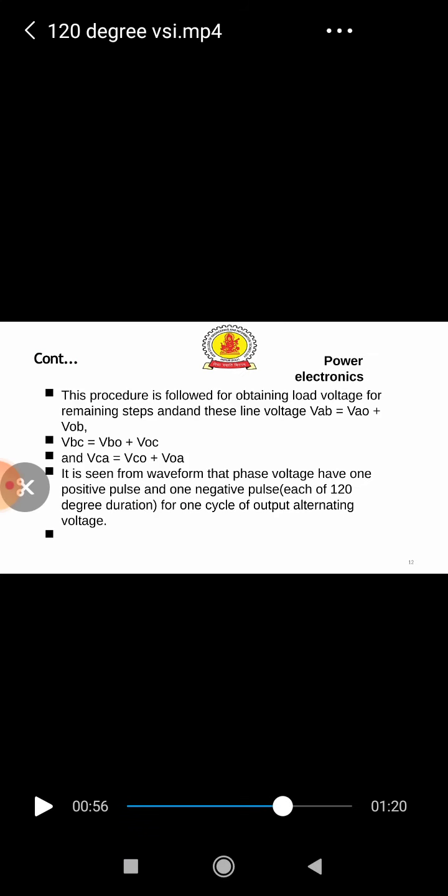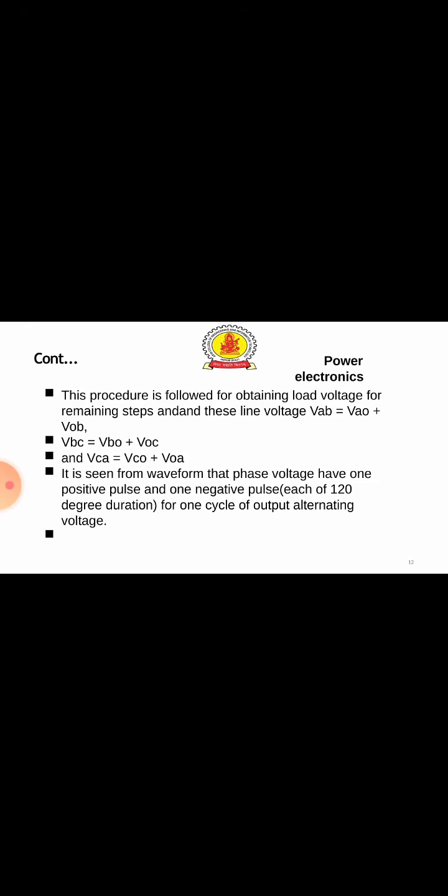This process is followed for obtaining load voltage for the remaining steps, and the line voltage VAB is equal to VAO plus VOB, VBC is equal to VBO plus VOC, and VCA equal to VCO plus VOA. It is seen from the waveform that the phase voltage has one positive pulse and one negative pulse, each of 120 degree duration, for one cycle of output alternating voltage.